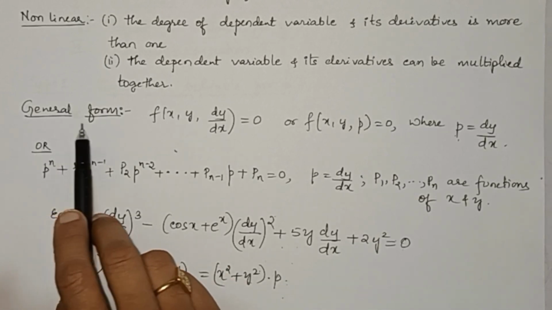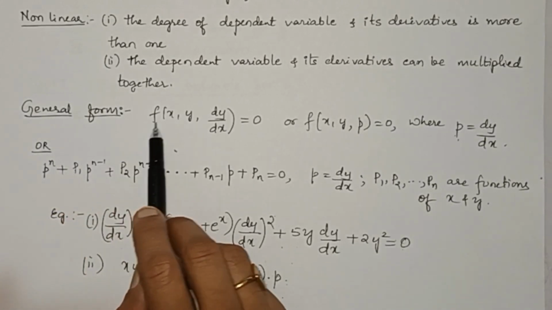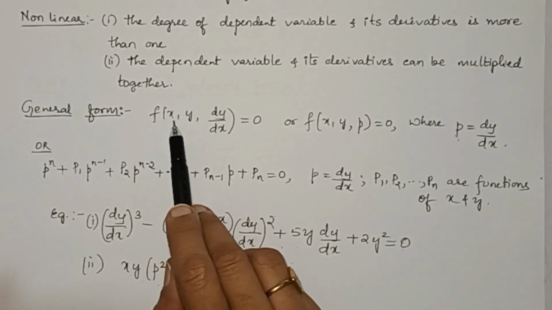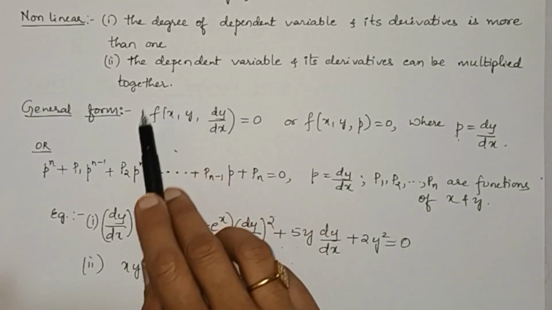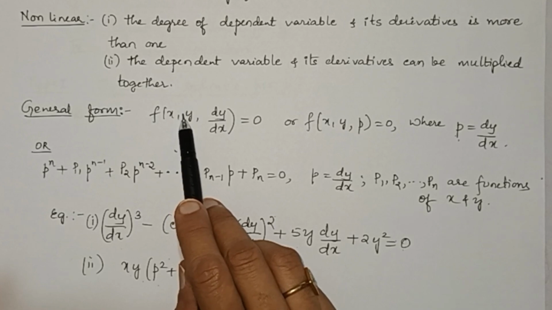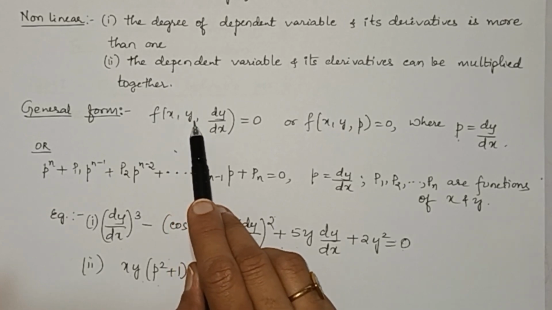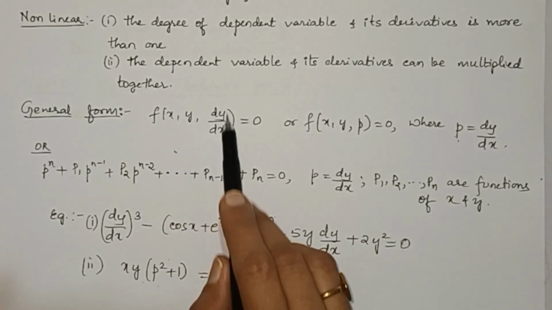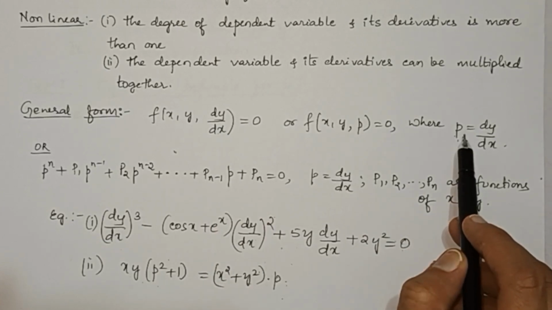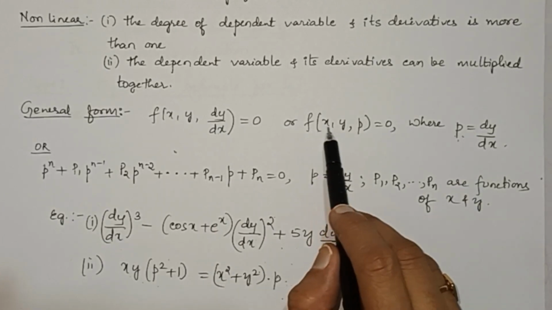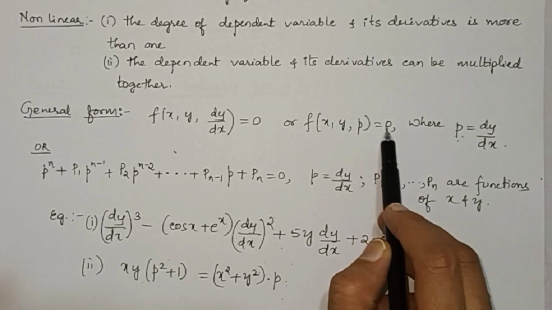Any first order nonlinear differential equation is of the form f of x comma y comma dy by dx equal to 0. It can be written as a function. That function has the dependent variable, the independent variable, and its first derivative. So if you name that first derivative as p, then this becomes f of x comma y comma p equal to 0.